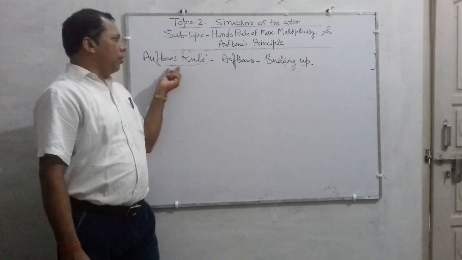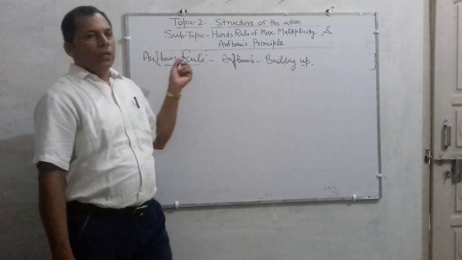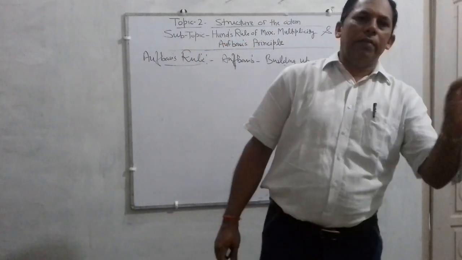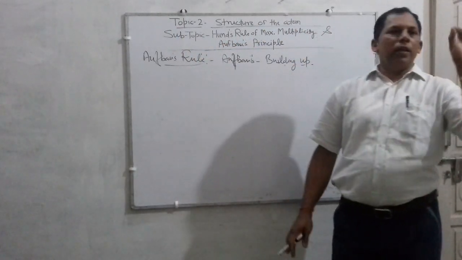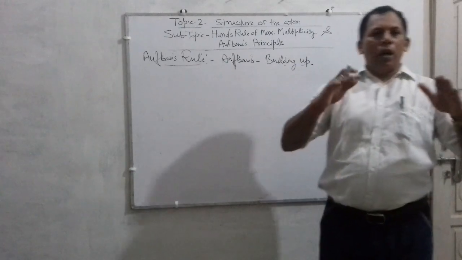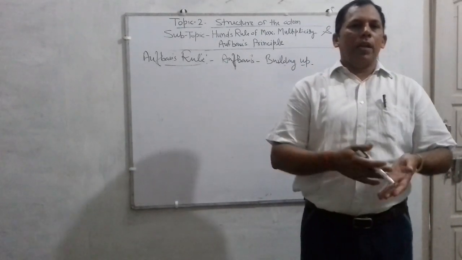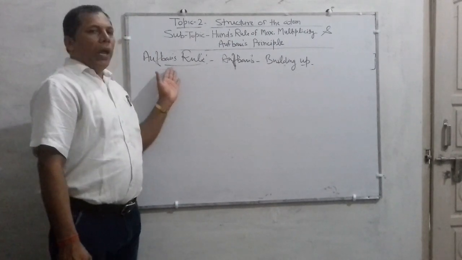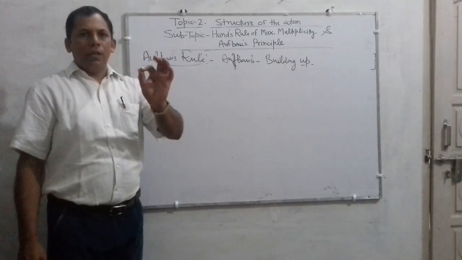The statement of this rule is that electrons are filled progressively into the various orbitals in the order of increasing energy level, and this is called the Aufbau rule.